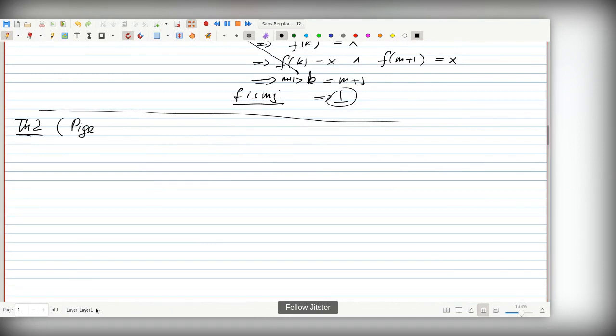In Russia, it is better known as Dirichlet's Principle, after a prominent French mathematician Dirichlet. But in the English-speaking world, it is usually called the Pigeonhole Principle.